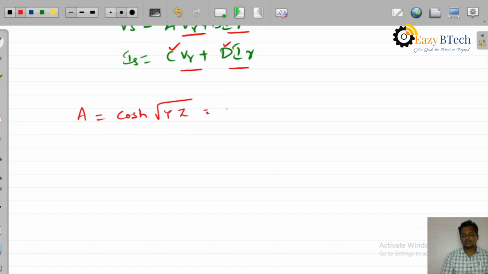This is equal to 1 plus YZ by 2 plus Y square Z square by 24.